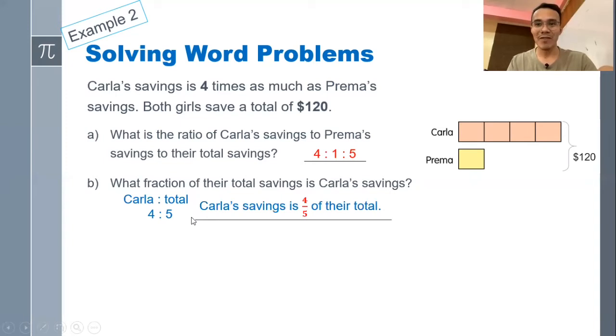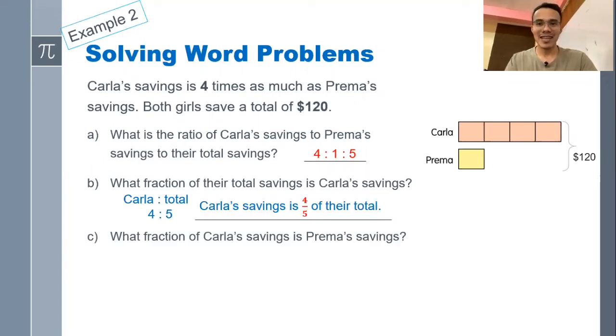Therefore, Carla's savings is 4 over 5 of their total. I think it's easier to answer this kind of problem if you first give the corresponding ratio of the given quantities.